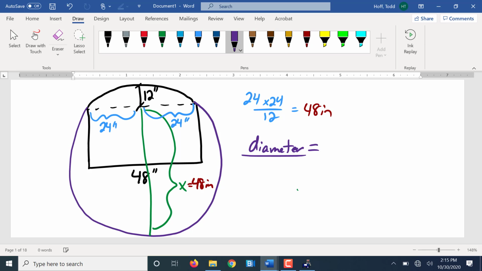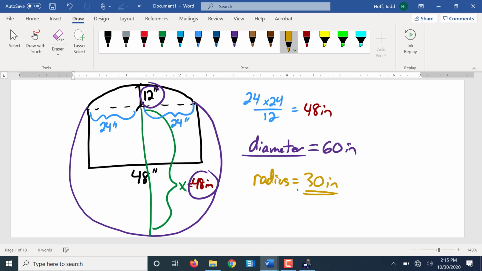That extra one makes a little difference. So what's our diameter going to be? 60 inches. That's our 48 plus the 12 for the arch. And so the radius is 30 inches.